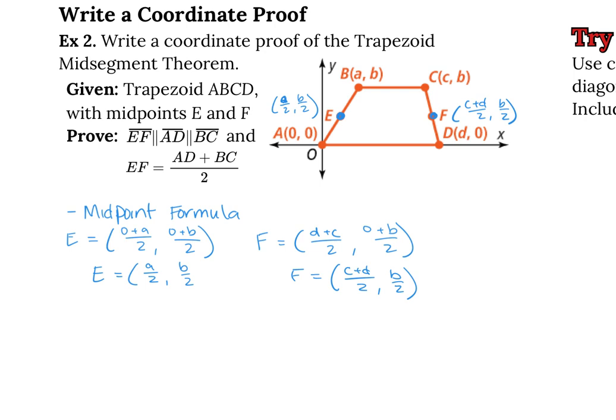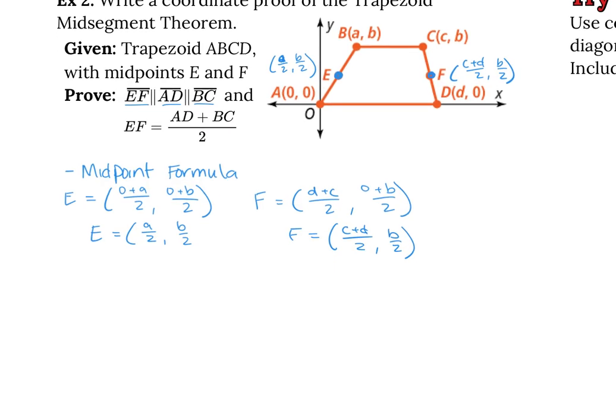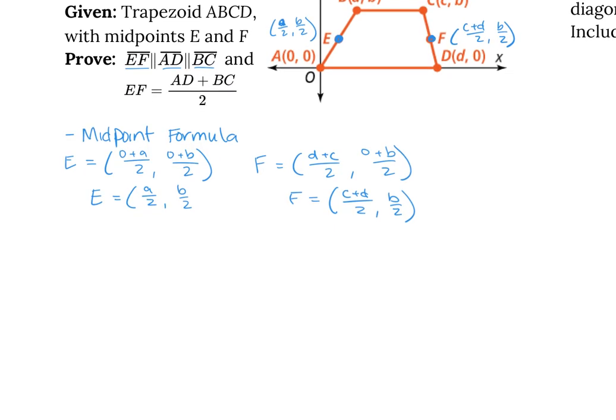Now we want to use those midpoints to find our slope. And we're trying to prove that EF, AD, and BC are all parallel to each other, so they all need to have the same slope.